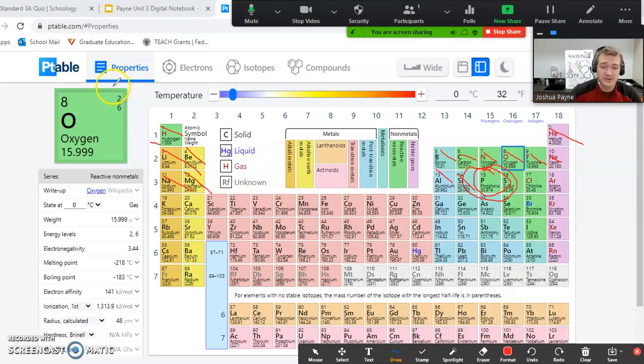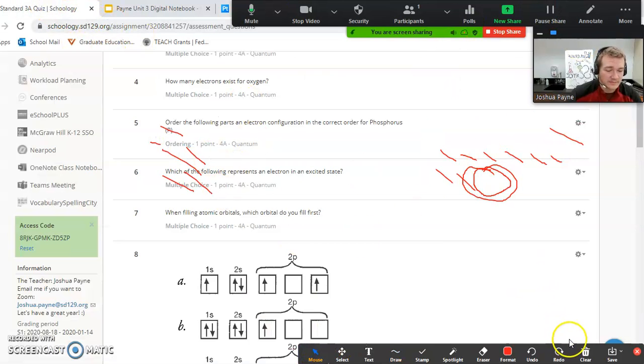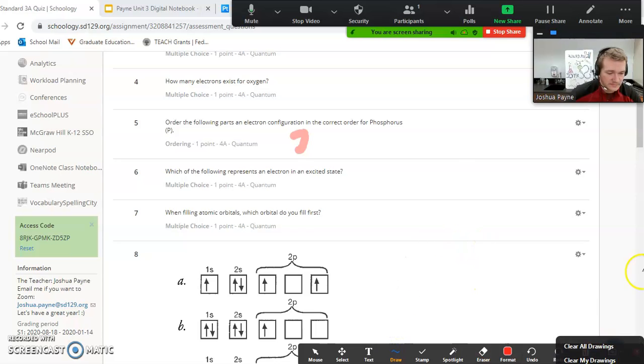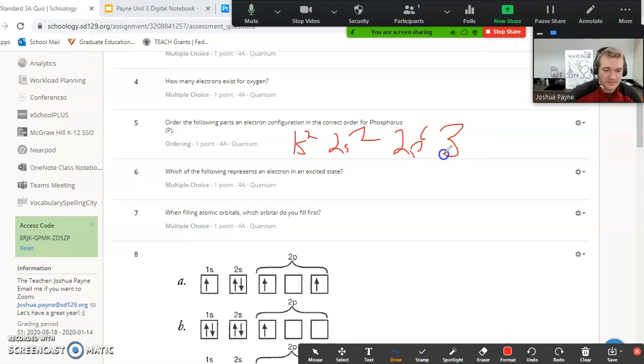So our total electron configuration, looking back here, we would be at 1s2, 2s2, 2p6, 3s2, 3p3.